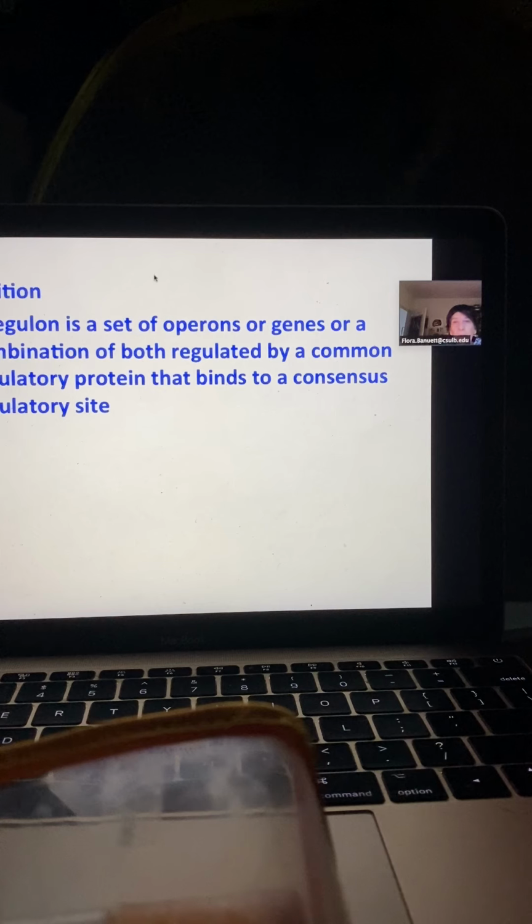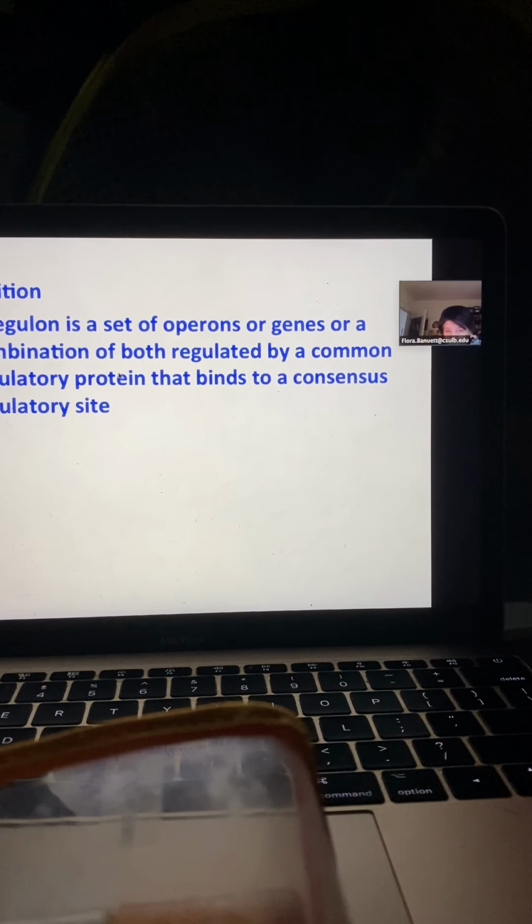So what is a regulon? A regulon is more complex than an operon because a regulon consists of genes, or genes and operons, or only operons. And they are all regulated by a common regulatory protein.